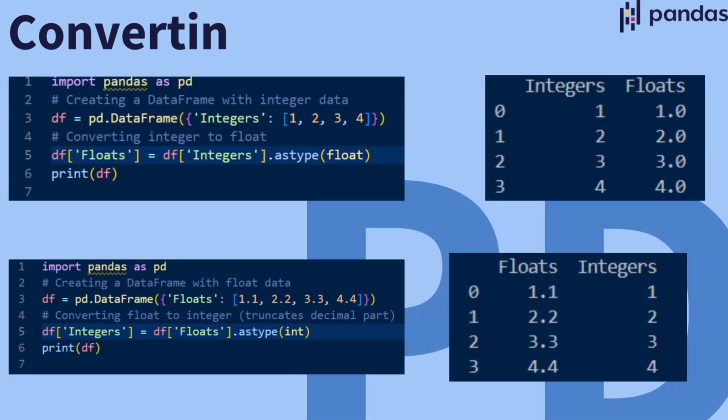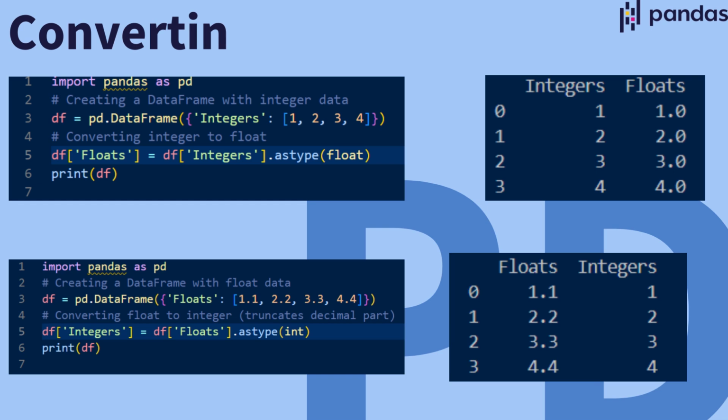Now let's see how we can do some operations with those data types. First, you can convert one data type into another data type. Here you can see the first example, where I'm importing pandas as pd, then creating a DataFrame and assigning it to the df variable. I'm creating integer values 1, 2, 3, 4.